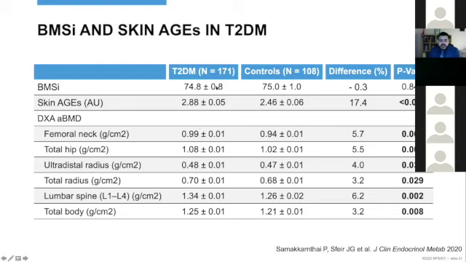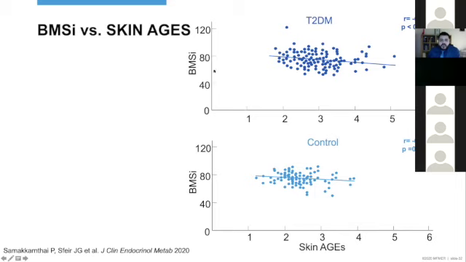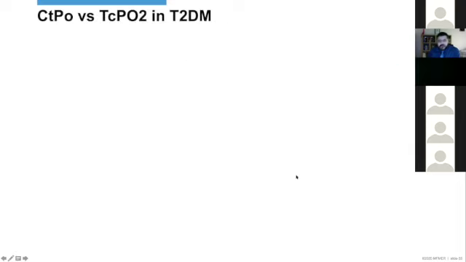You can see that although the BMSI was not, in this larger cohort, significantly different, AGEs were higher in diabetes compared to controls. DEXA was significantly higher as expected. And then looking at those skin AGEs, they did also correlate with the BMSI negatively in type 2 diabetes, much more than they did in controls.